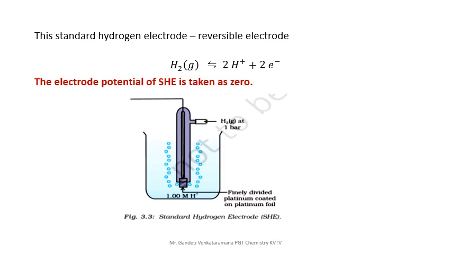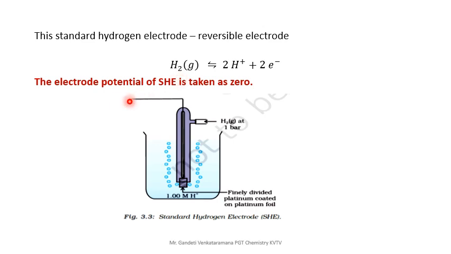So the reaction is already available: H2 reversible to 2H+ plus 2 electrons. Dear students, H2 to 2H+ plus 2 electrons is oxidation. This reaction happens at the anode. Reverse the reaction: 2H+ plus 2 electrons to H2. This reaction takes place at the cathode. Two cases were discussed.